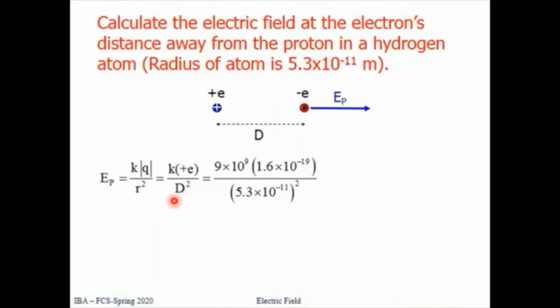If we substitute the values, K has a value of 9 × 10^9. The electronic charge is 1.6 × 10^-19 coulomb, and the distance from the source charge to the point of interest is (5.3 × 10^-11) squared.